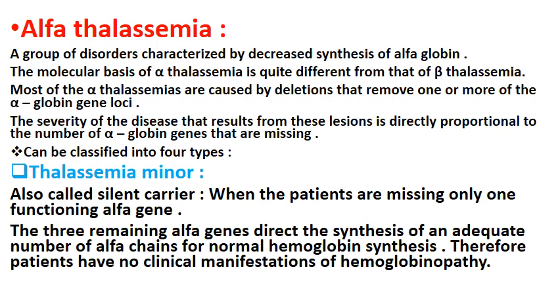First, thalassemia minor, also called silent carrier, when the patient is missing only one functioning alpha gene, but we have the other ones. So the 3 remaining alpha genes direct the synthesis of an adequate number of alpha chains for normal hemoglobin synthesis. It is a silent carrier.